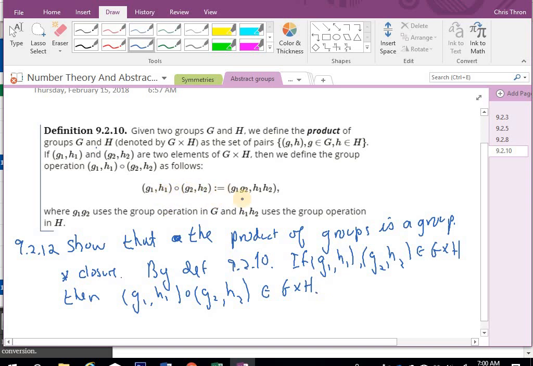If you have two ordered pairs, then the result is also an ordered pair. So there's your closure.